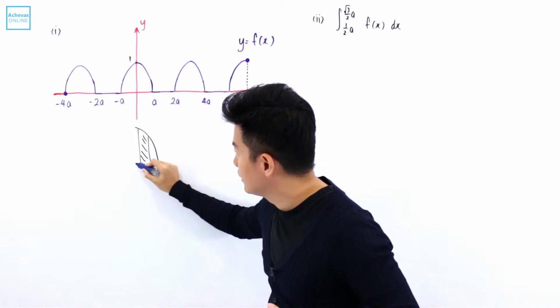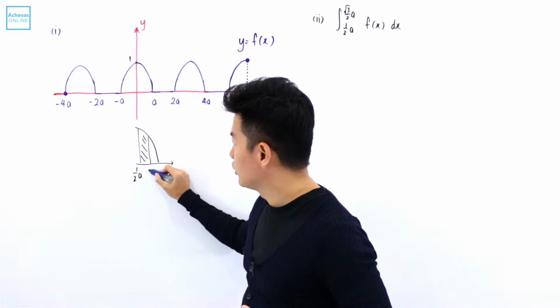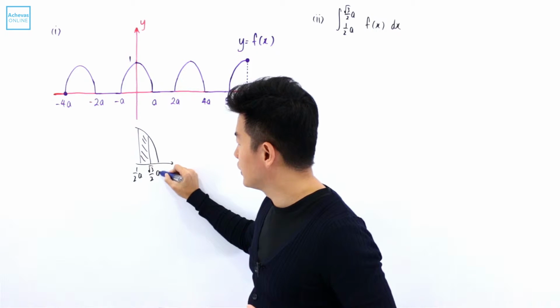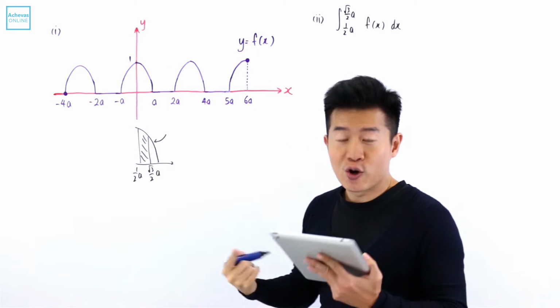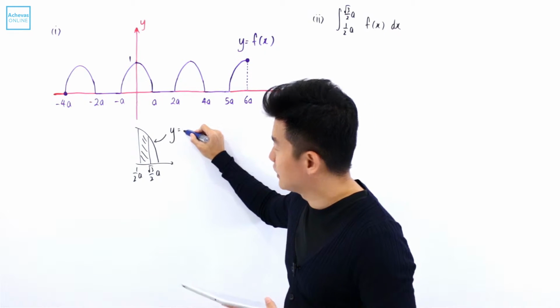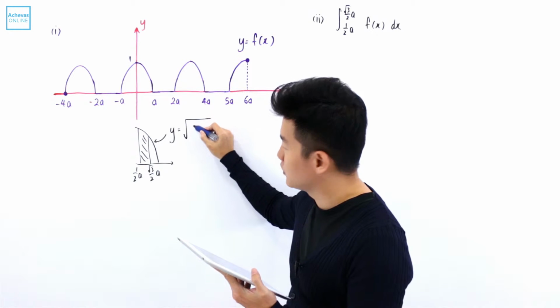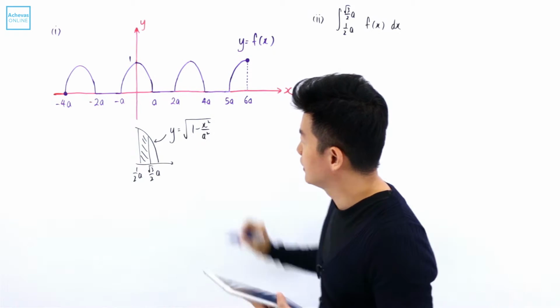This area is going to be from half a to square root of 3 over 2 a, and this portion of the curve, according to how the question has defined for us, has the same expression as square root of 1 minus x squared over a squared.